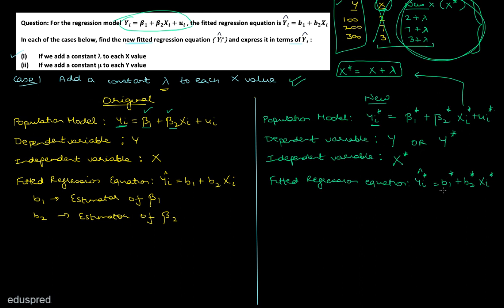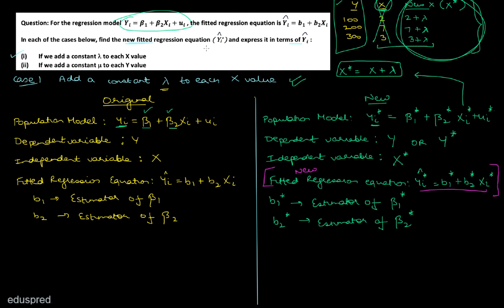Okay, so this is how the fitted equation is going to look, where b1 star is the estimator of beta 1 star, and b2 star is the estimator of beta 2 star. So this is how the new fitted regression equation is going to look. This is the structure of the new fitted regression equation.